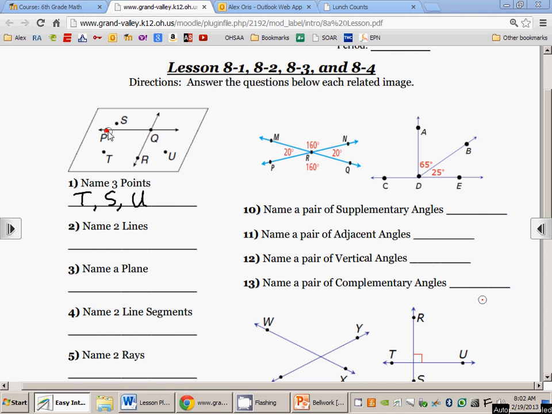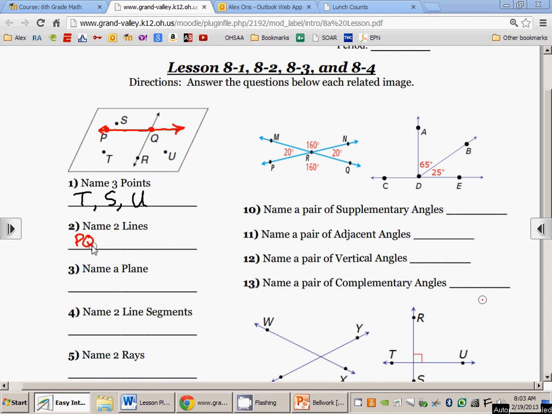Doesn't our attention immediately go right here? But when we say line PQ, now this is what hits our attention: the straight path that extends forever in both directions. So when I name a line, I use the letters.